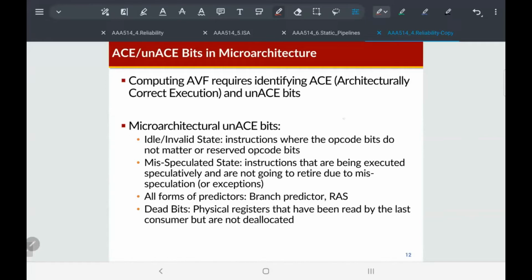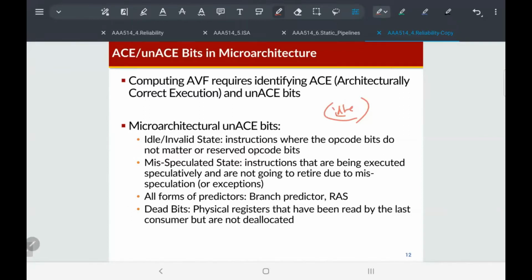We can define some states in our design, like an idle state. If we make an FSM, we define states with the state bits, but in most cases we cannot use the entire bit space for states, so the FSM has some idle or invalid states.